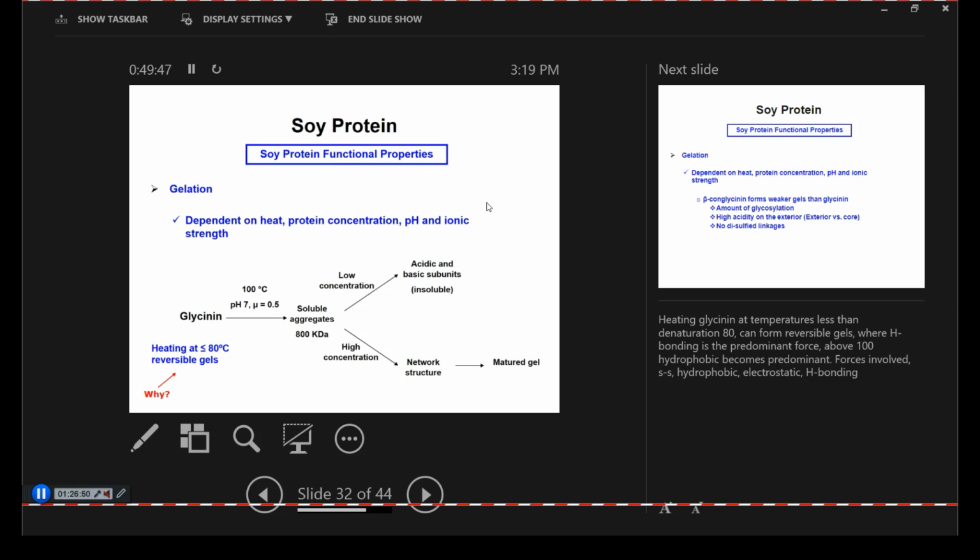You're not giving the gel time to form the three-dimensional network. It starts with forming soluble aggregates, and with a high concentration of protein, you start forming the network. If you don't have enough protein, you just form soluble aggregates or insoluble protein subunits. So with soy protein, you need about 15% protein to form a good, strong gel.